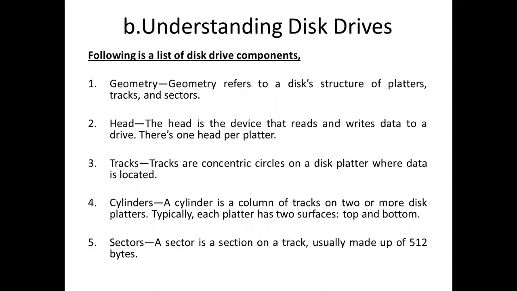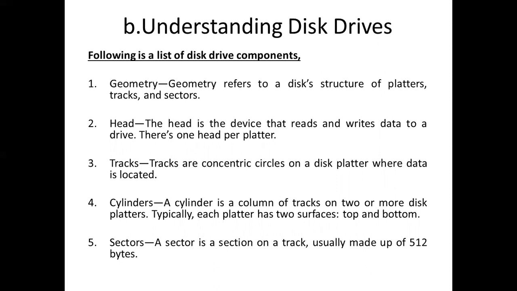So we have a list of common disk drive components in which geometry is nothing but the structure of the disk, which has platters, tracks, and sectors. And we have a head that reads and writes the data to the drive. Generally, for one platter, there is one head. Tracks are the concentric circles, and a track is the one on which the data is located.